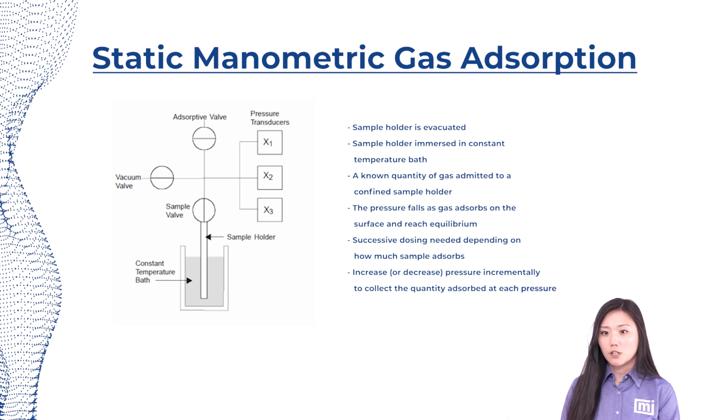When an analysis starts, first the sample holder is evacuated to a good vacuum, and then the sample tube is immersed in a constant temperature bath, typically liquid nitrogen.